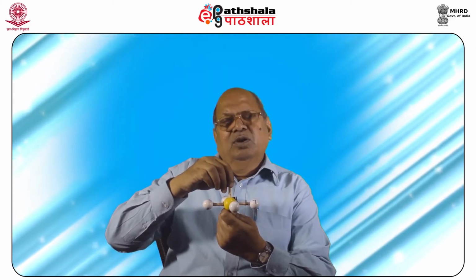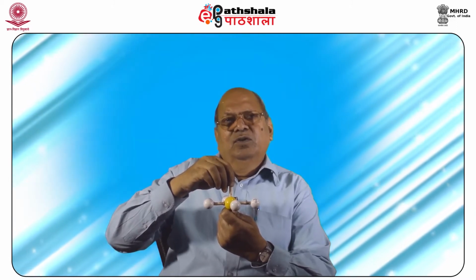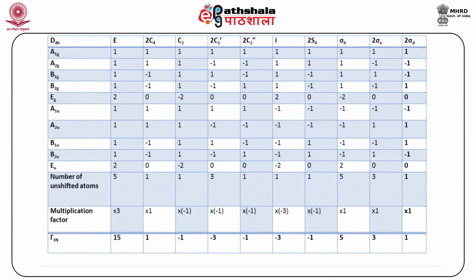Now, the table which is given summarizes the effect of various symmetry operations of the D4h point group on these 5 atoms, xenon and 4 fluorine. Under the number of unshifted atoms row, the figure given is that all the 5 atoms under operation E are not shifted at all.